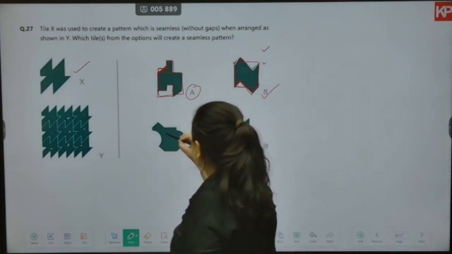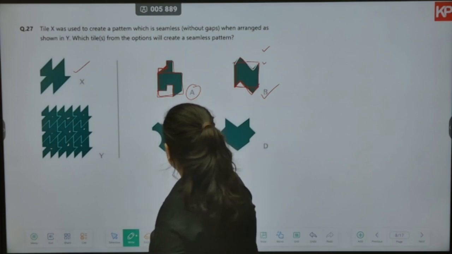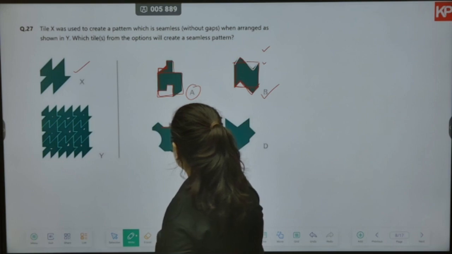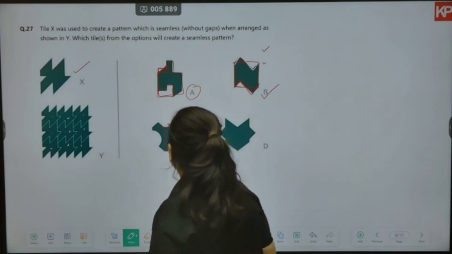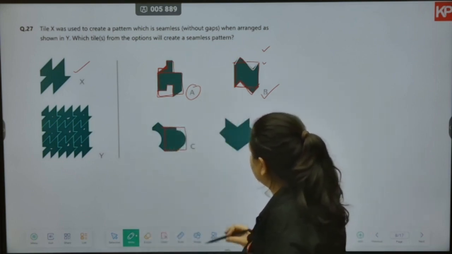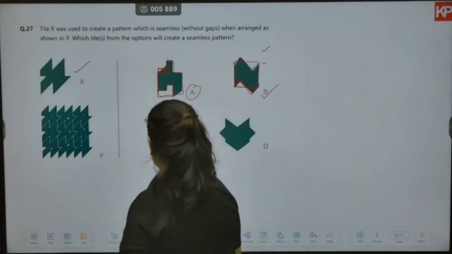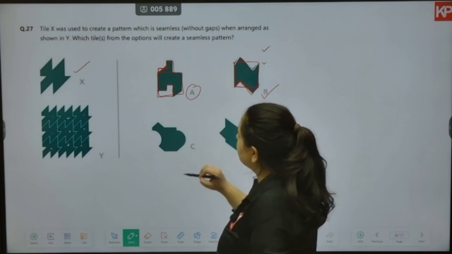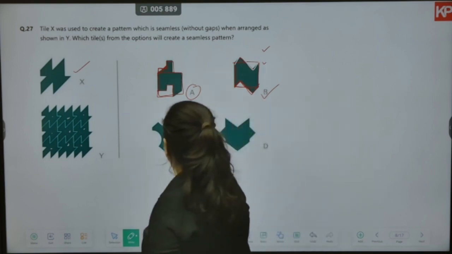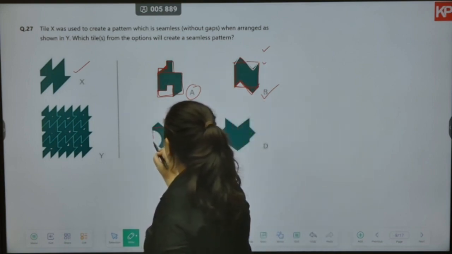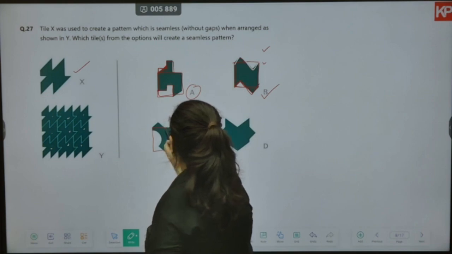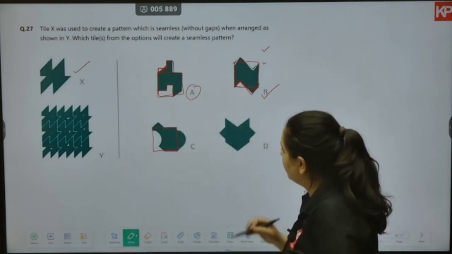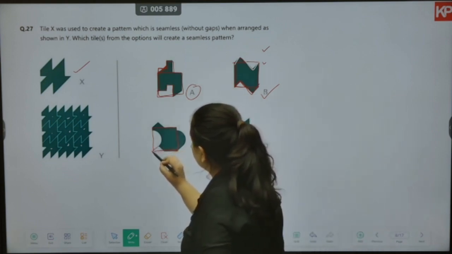What is happening in this case? Okay, let's check for this. What is happening? We are adding. Okay, let's make a square around this and check if it works for this shape or not. Okay, let's see what is happening. First of all, we are deducting a triangle from here.